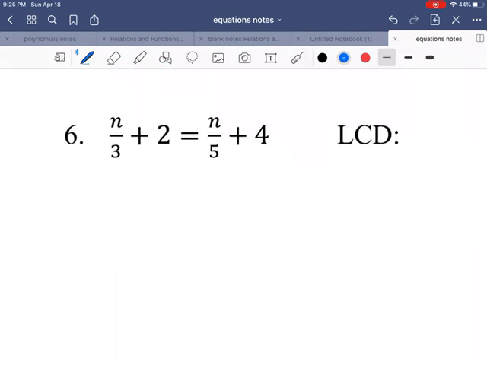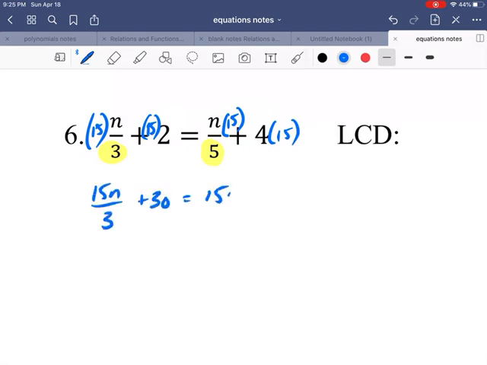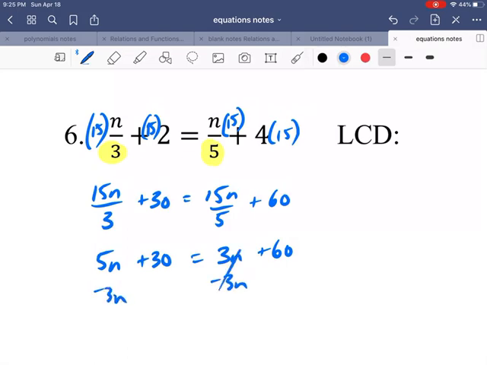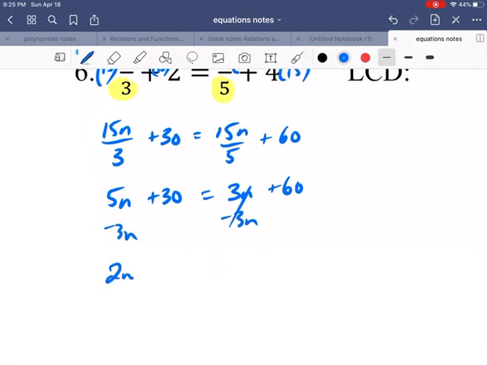The lowest common denominator between 3 and 5 is going to be 15. So if we multiply everything by 15, we end up with 15n over 3 plus 30 is equal to 15n over 5 plus 60. 15n over 3 is 5n. 15n over 5 is 3n. 3n is less than 5n, so subtract that.